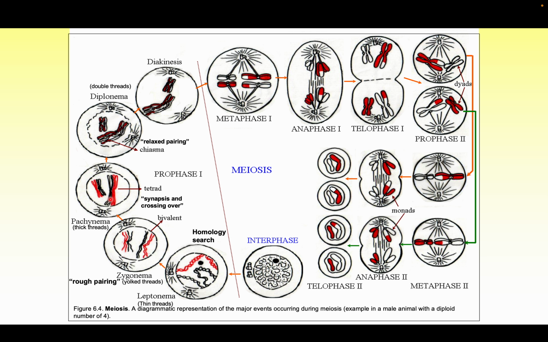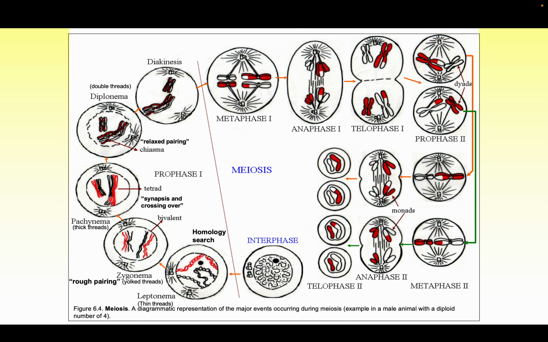At the points of crossing over, bridges are seen in between the homologous chromosomes, and those bridges, which we'll discuss further later on, serve as physical structures that facilitate the exchange of genetic material.